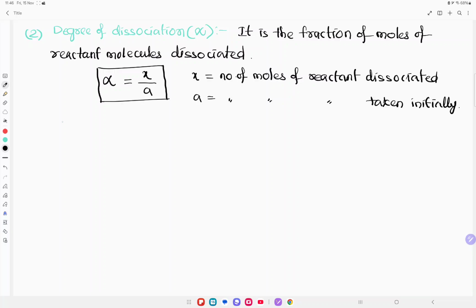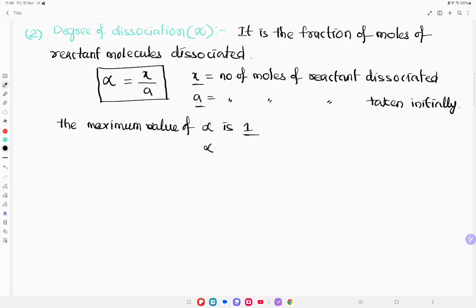The maximum value of alpha is 1, because if 10 molecules are taken initially and 10 molecules are dissociated, 10 by 10 becomes maximum 1 only.